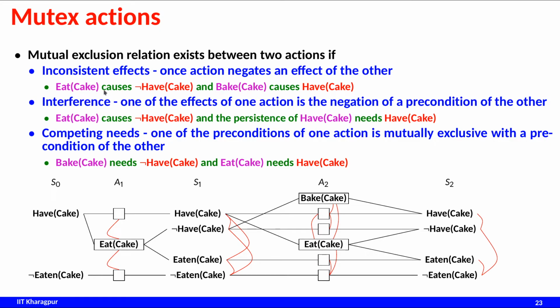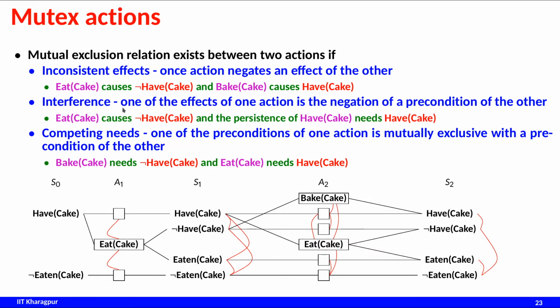If you look at eat cake and bake cake, eat cake results in not have cake, while bake cake results in have cake, so one is the negative of the other. They are inconsistent, so they have to be mutex actions.